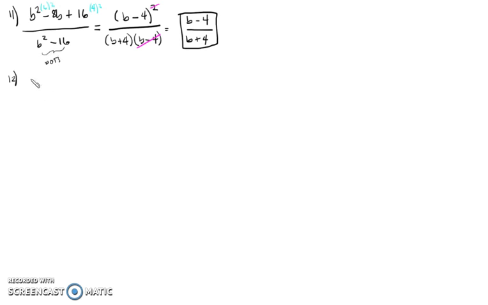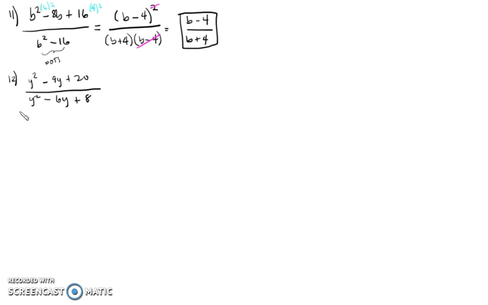For number 12, we have here y squared minus 9y plus 20 all over y squared minus 6y plus 8. At first look, you can say that the numerator and the denominator are not in perfect square trinomial form, because we have here 20, we have here 8.